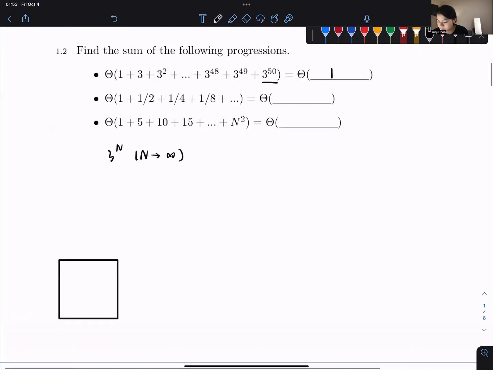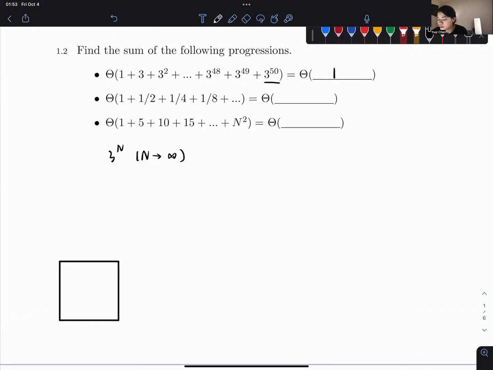And for the second expression, the way we can solve it is to separate this expression into two parts. The first part is 1, and the second part is the rest of the expression: 1/2 plus 1/4 plus 1/8 plus and so on.